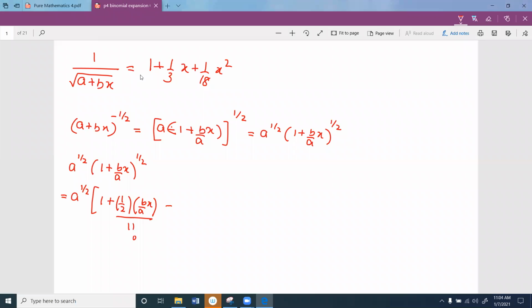Then let's go to the next one. Next one is n is half, n minus 1, half minus 1 is minus half. So this is (bx over a) whole squared divided by factorial 2.